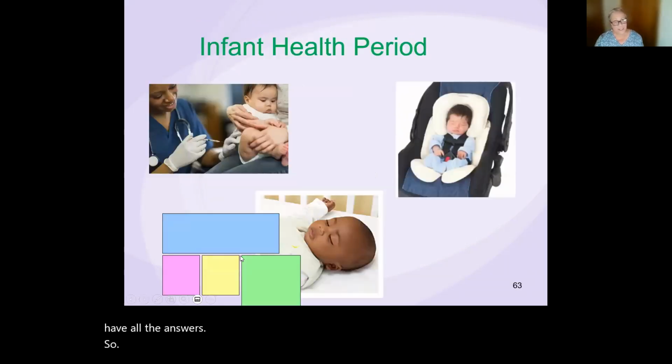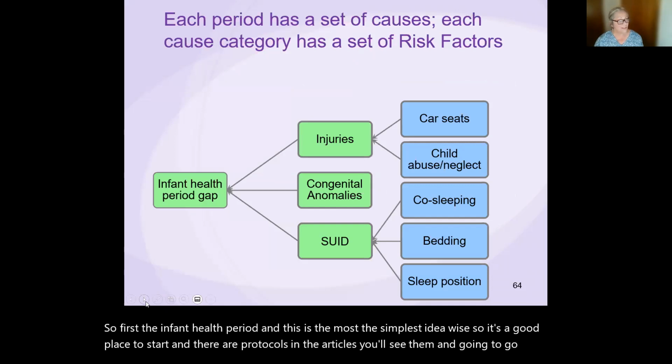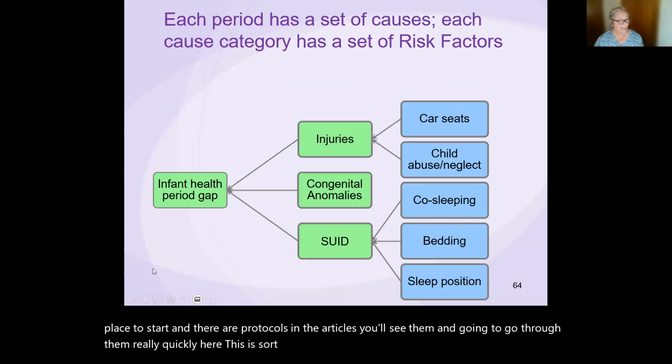So first, the infant health period. And this is the simplest idea-wise, so it's a good place to start. And there are protocols in the articles, you'll see them, and I'm going to go through them real quickly here. This is a schematic of how phase 1 works and the phase 2 steps.